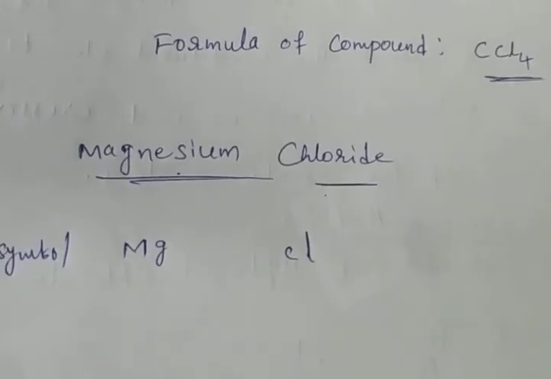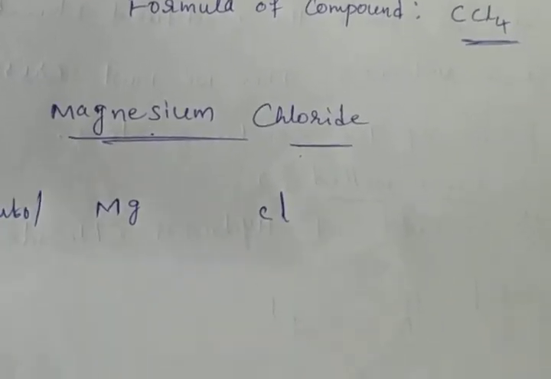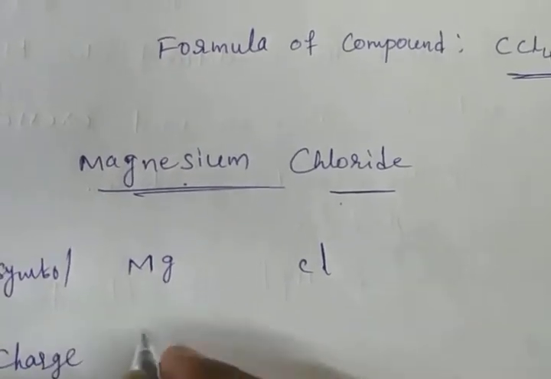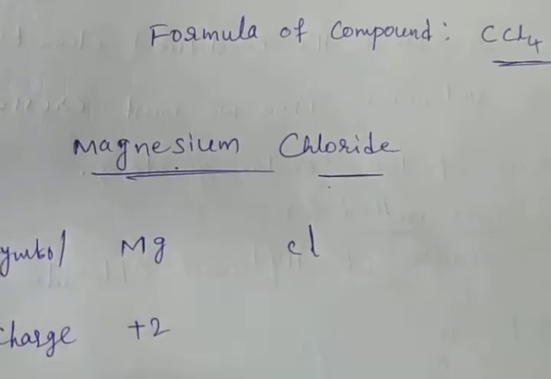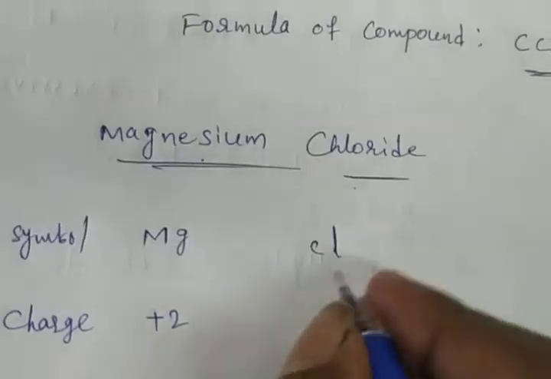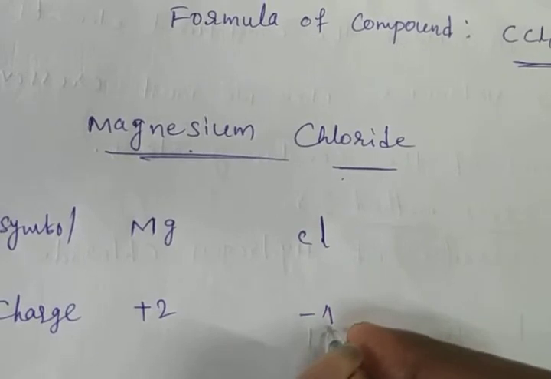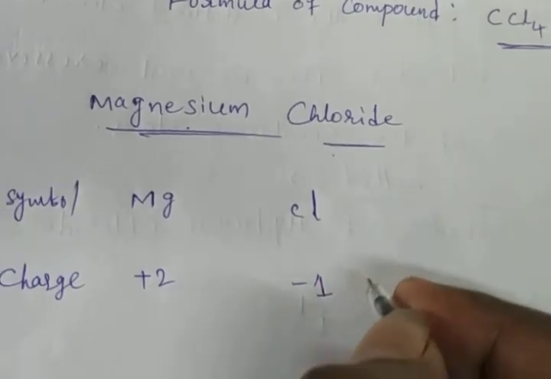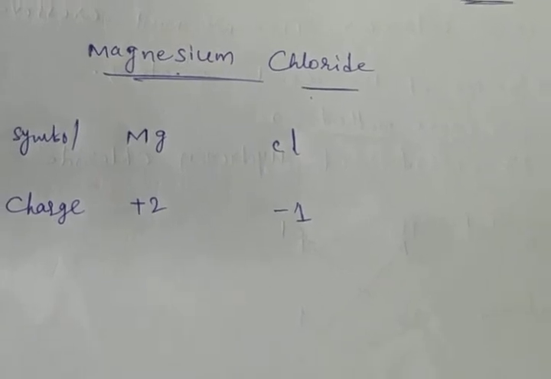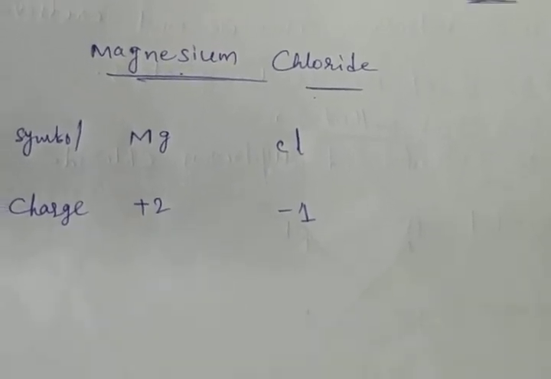Here we have to take the charges. Observe the table: in the table, the magnesium charge is +2, and the chloride charge is -1. Fluorine, chlorine, bromine, hydride, these I gave with -1 charge in that table. Please check the table.